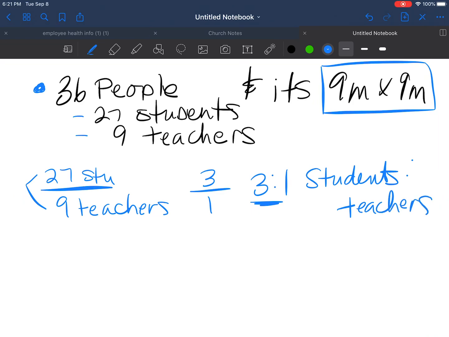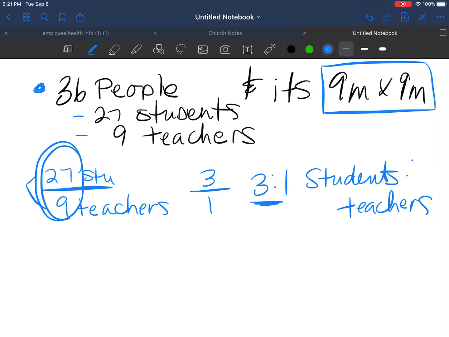Okay, so again, if you have numbers that are reducible, like for example this one, you can divide each number by 9. So you divide 27 by 9 and get 3, and you divide 9 by 9 and get 1. So you can reduce it down to 3 to 1. If your numbers are goofy and you can't reduce them, well, then that's just the ratio. But if you can reduce them, you're going to reduce them.